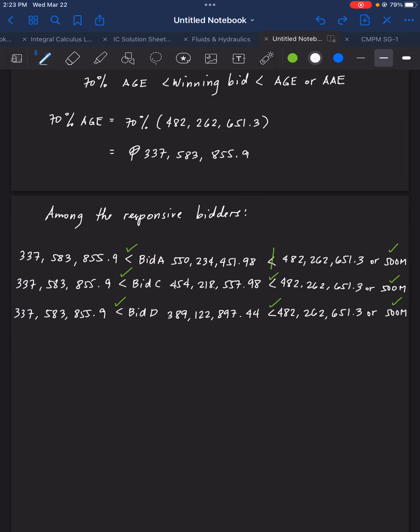The lower offer goes to bidder D. Therefore, among the responsive bidders, bidder D is more desirable or more favorable.